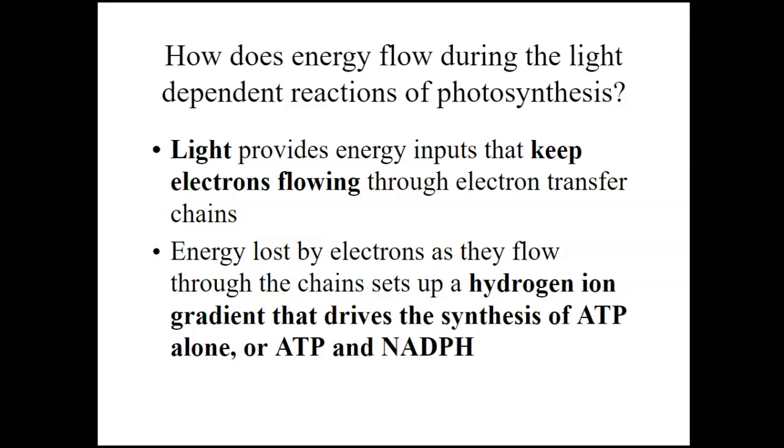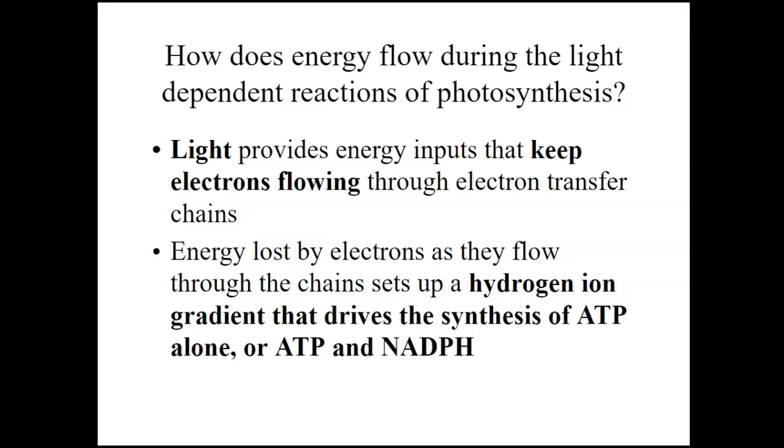That would be those green stacks of coins. It would be on the interior of these thylakoid membranes. And that hydrogen ion gradient drives the synthesis of ATP through that special enzyme, ATP synthase.